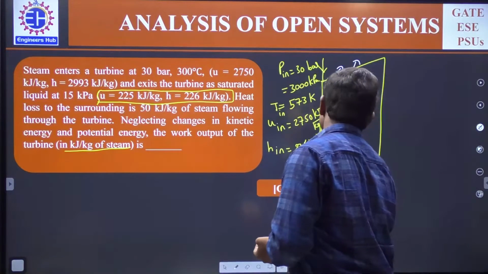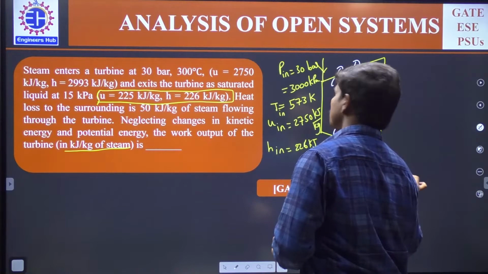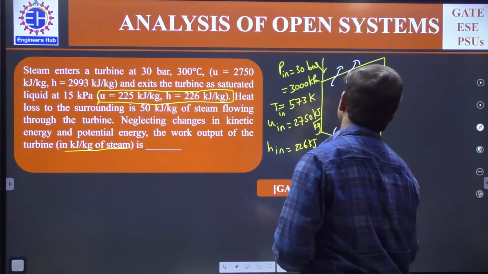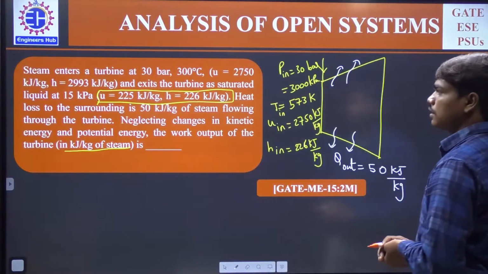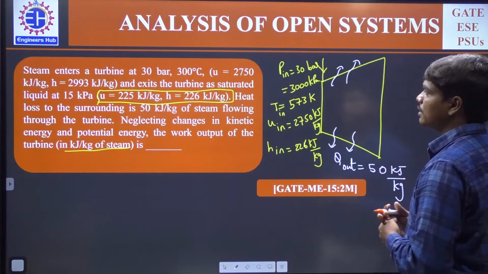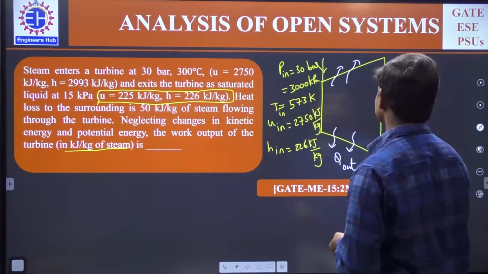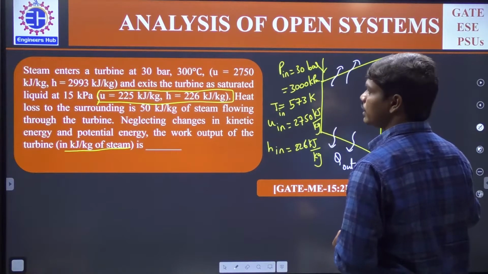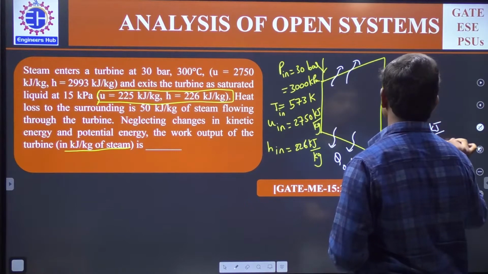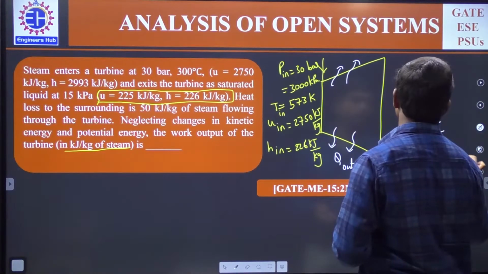So Q out is equal to 50 kilojoule per kg. Neglecting the changes in kinetic and potential energies, we need the work output from the turbine. Exit values are also given. For the exit, U is equal to 225 kilojoule per kg and H is equal to 226 kilojoule per kg.